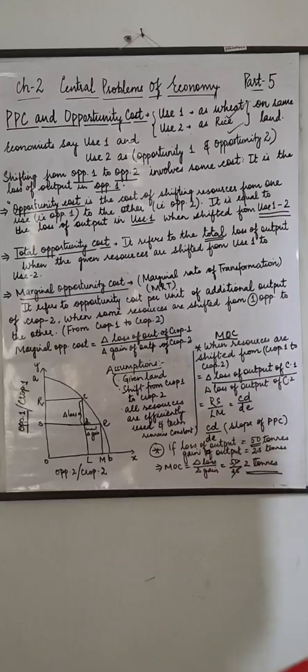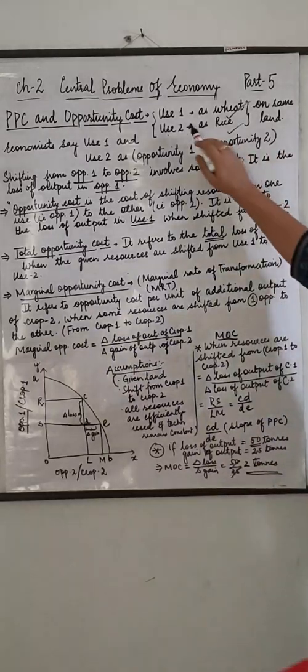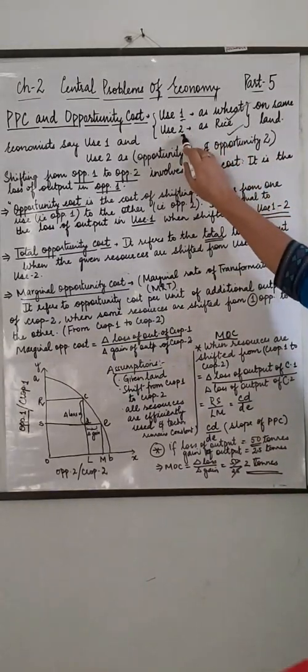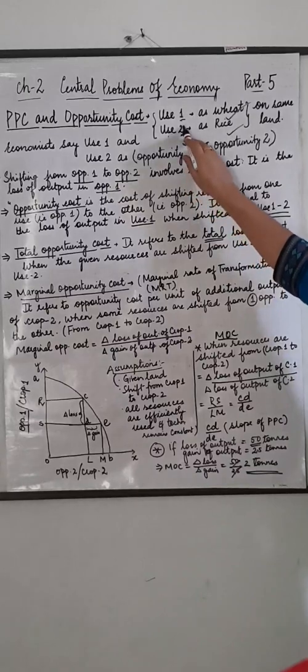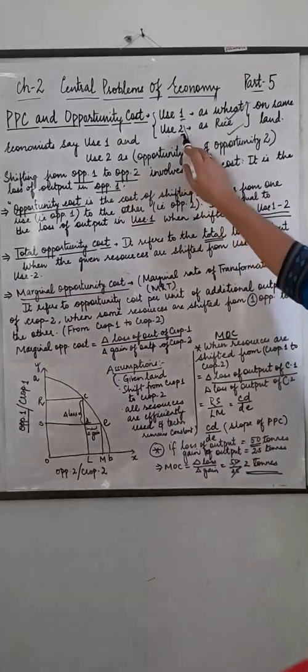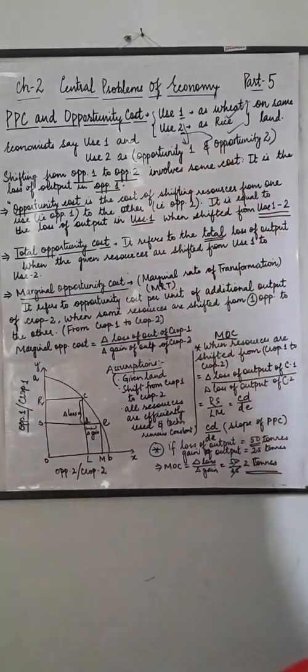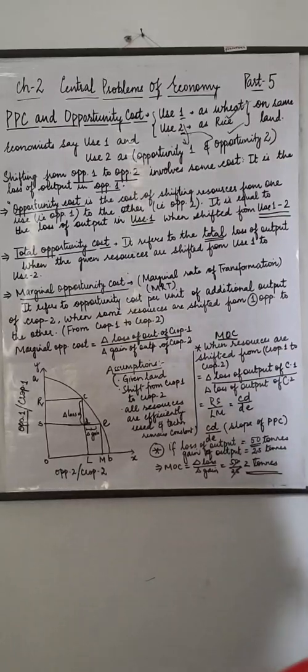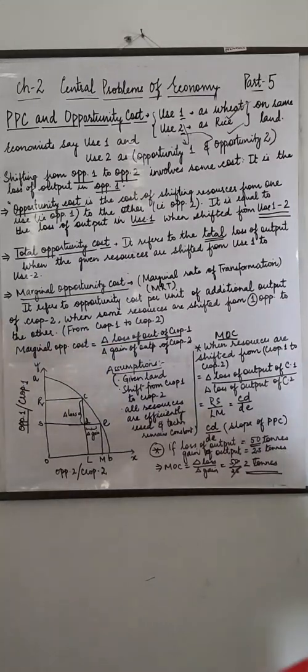But since we want to grow both the crops, we have taken two considerations, use 1 and use 2. So they are termed as use 1, opportunity 1, and use 2, opportunity 2. Now, what does this say?